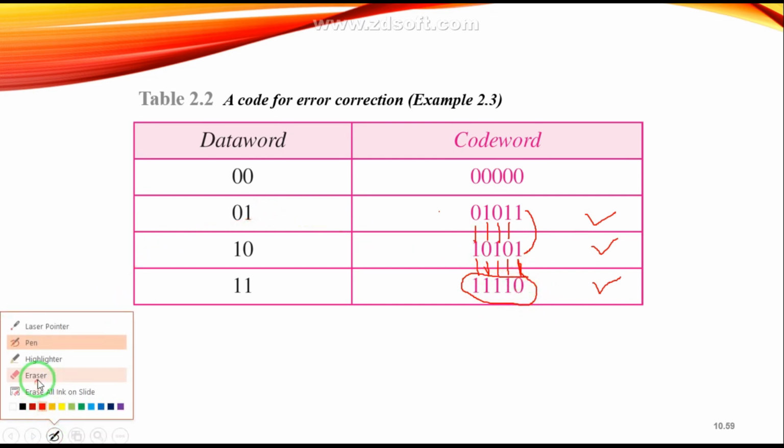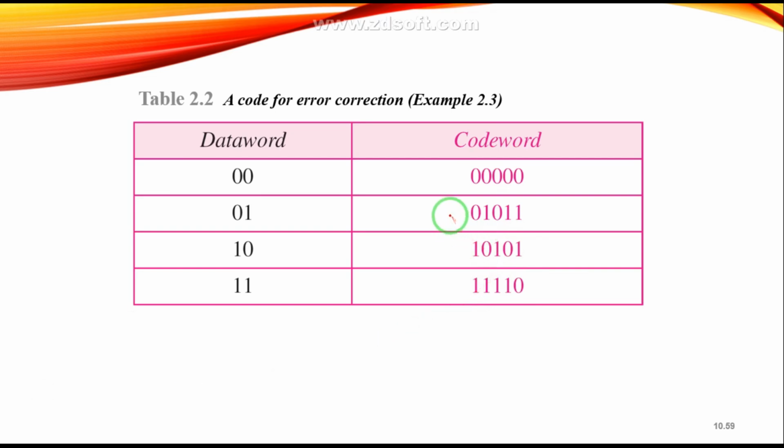Now again, you can verify this by XORing the second code word with the fourth code word. You would get the valid third code word. Now see, XOR of 1, 0 is 1. Similarly, XOR of 1 and 1 is 0.